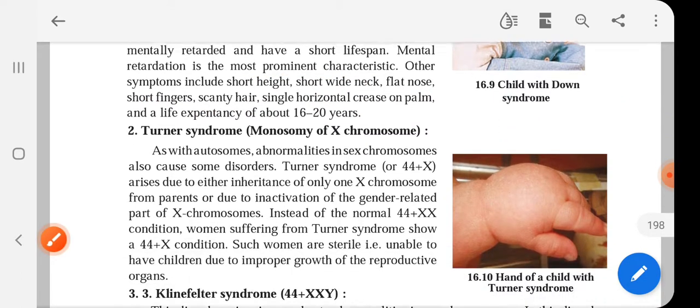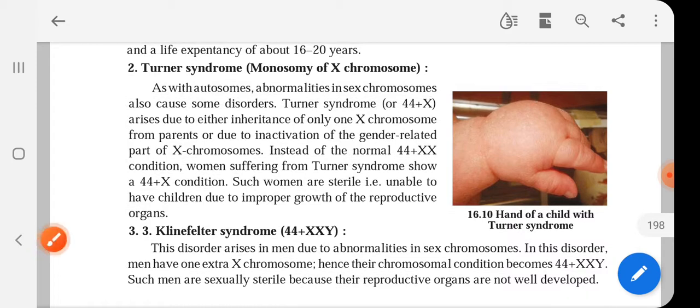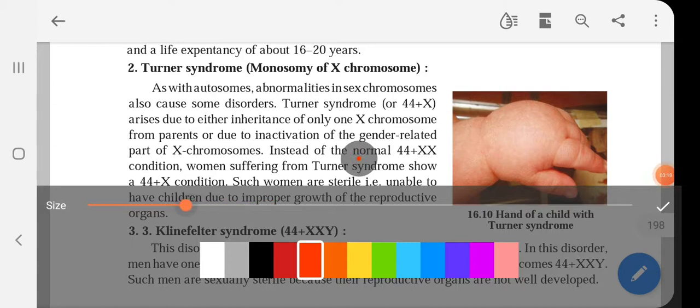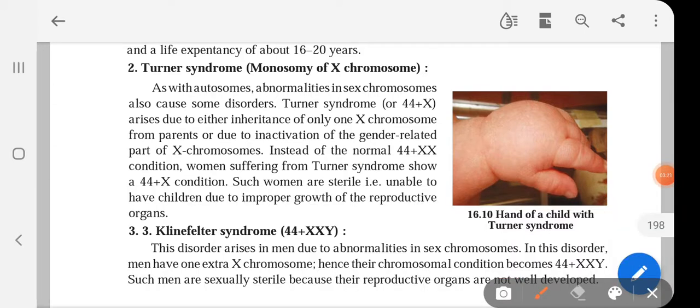The next one, Turner syndrome. In this genetic disorder, it's monosomy of X chromosome. As with autosomes, abnormalities in gender chromosomes also cause some disorders.